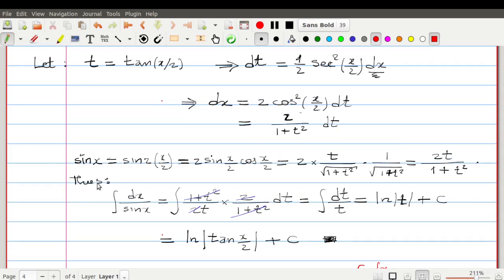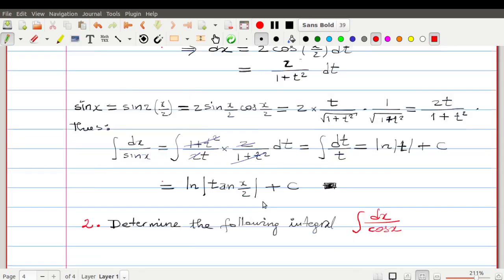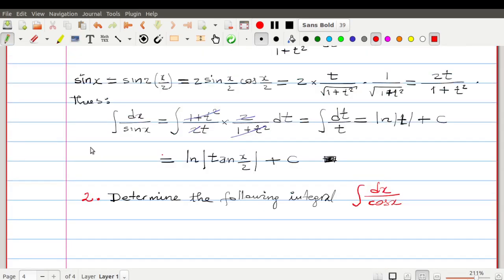They are unchanged. I'm only going to rewrite cosine x in terms of t. Similarly, I will not repeat everything; I follow the same procedure as above.